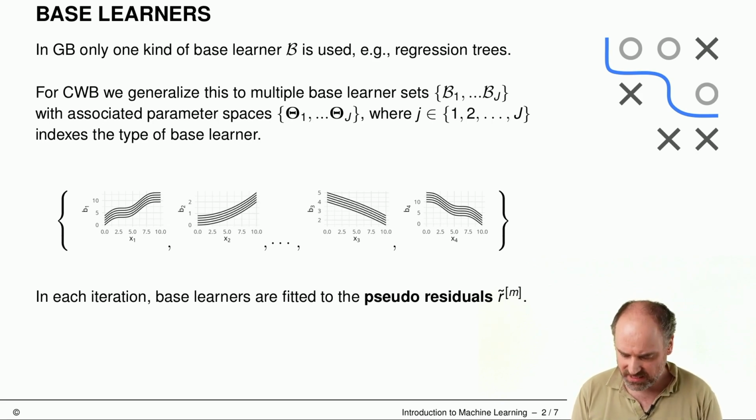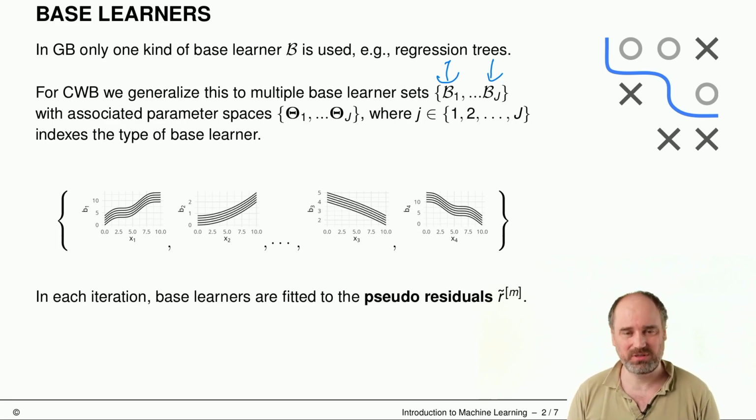There will be a set of these base learners, each with associated parameter spaces, and in each boosting iteration, we will figure out the best from each of these hypothesis spaces, capital B1 to capital Bj, compare them with respect to their SSE, how well they fit against our vector of pseudo-residuals, and then just take the best of these.